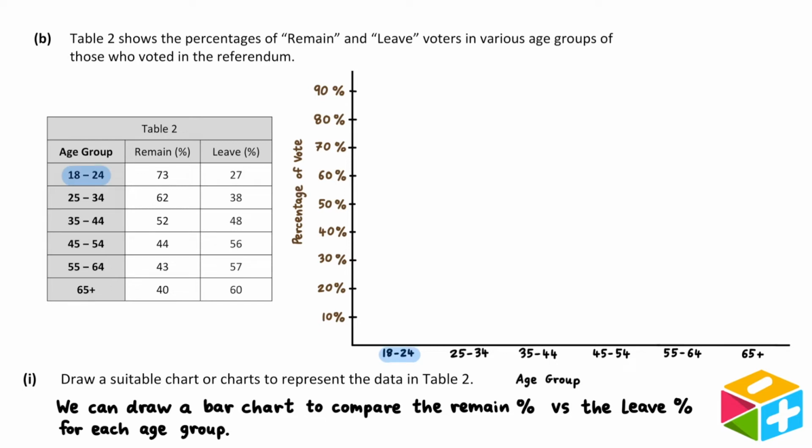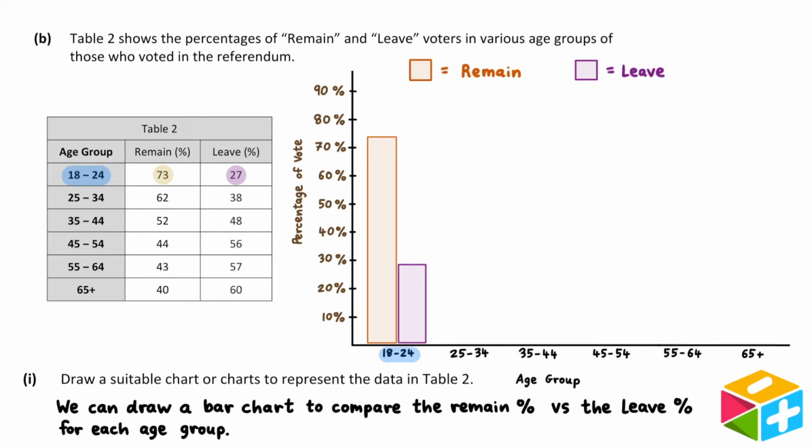Let's start with the 18 to 24 age group. Here, 73% voted to remain. So I'll draw in a bar with a height of 73%. 27% voted to leave. So I'll draw in another bar, this time with a height of 27%. The colour coding here is that I'm using orange for the remain votes and purple for the leave votes.